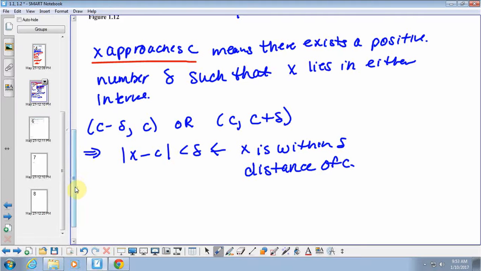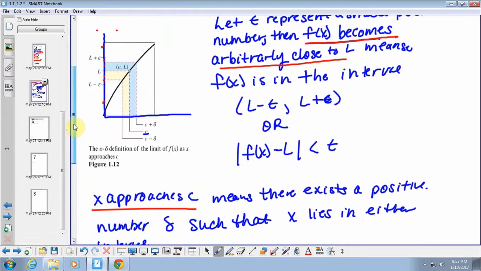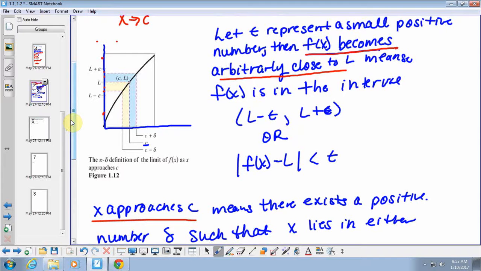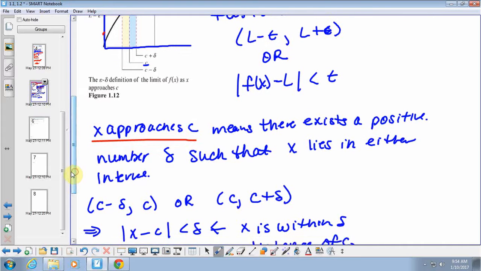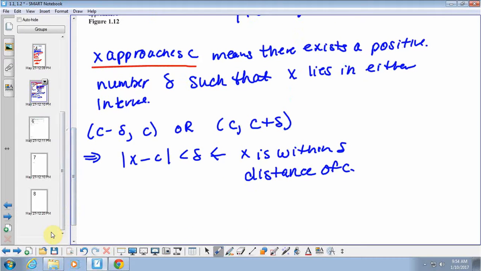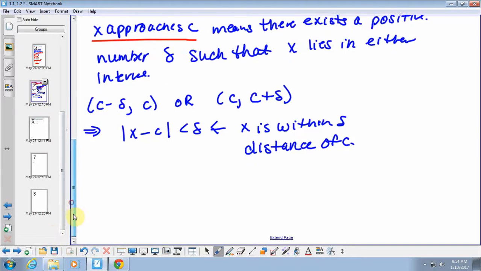All right, so we said f of x becomes arbitrarily close to L means that there's some epsilon distance around L that we're getting closer and closer to L. What that means is that we have gotten closer and closer to C, and there's some delta distance around C. And what does all this have to do with anything that we're talking about today?